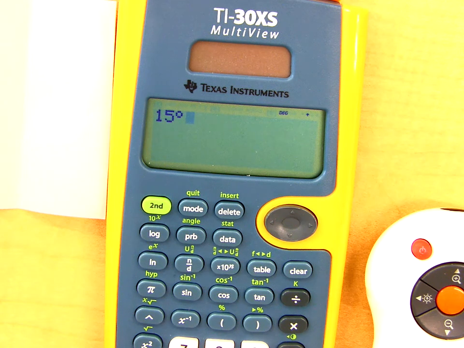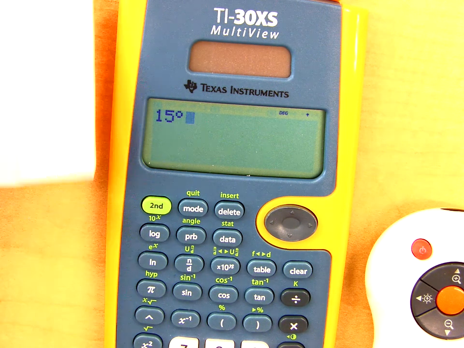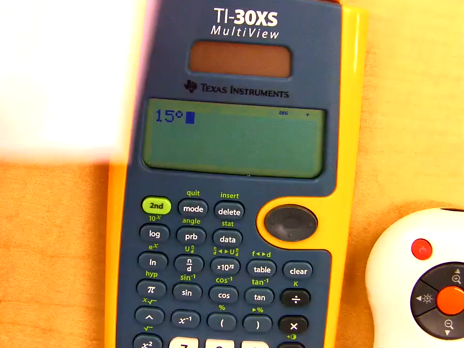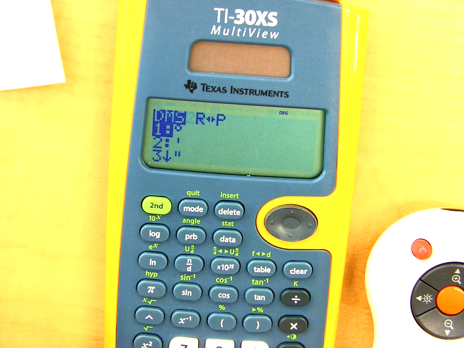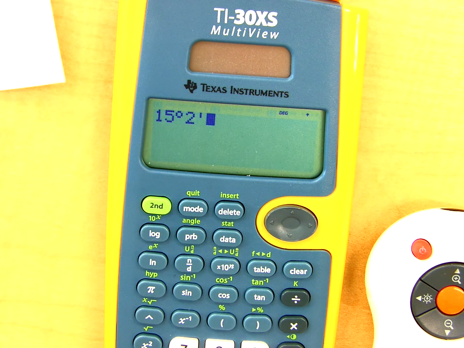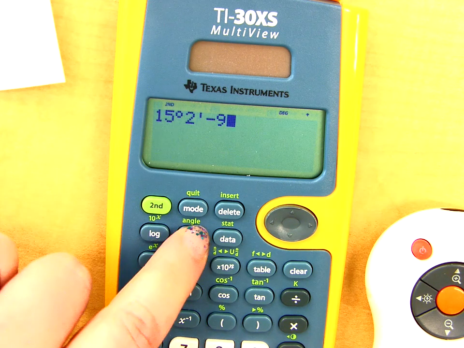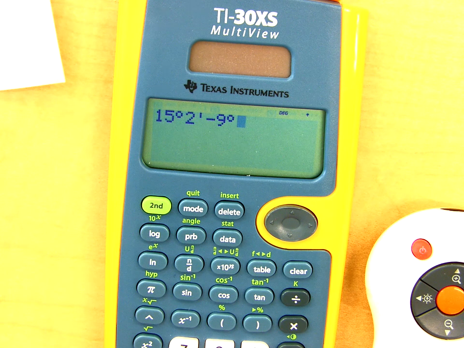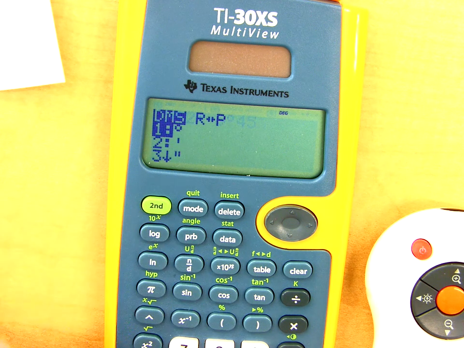15 degrees. So does yours look like that? And now I wanted 2 minutes, so then I'll do 2, and then I'll choose the minutes option, choice 2. And then I can just write from here, minus 9 degrees, 45 minutes.